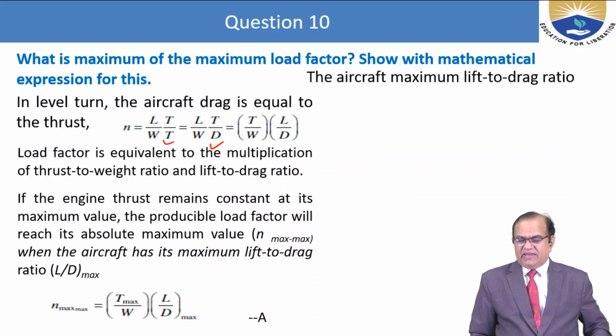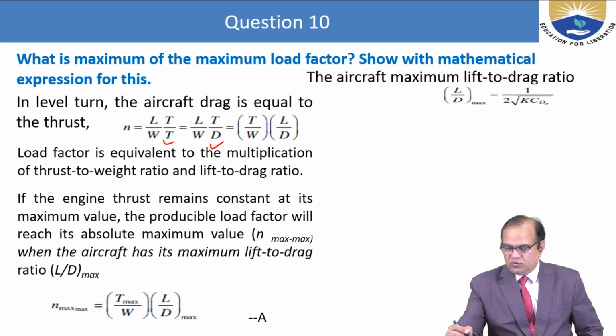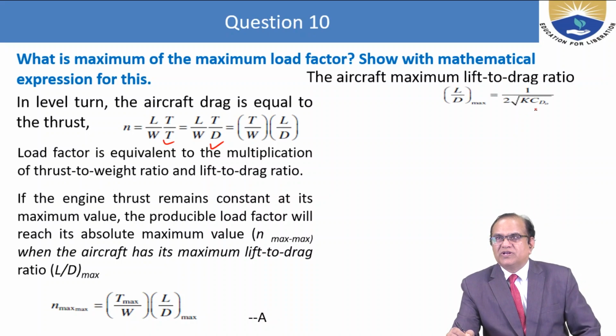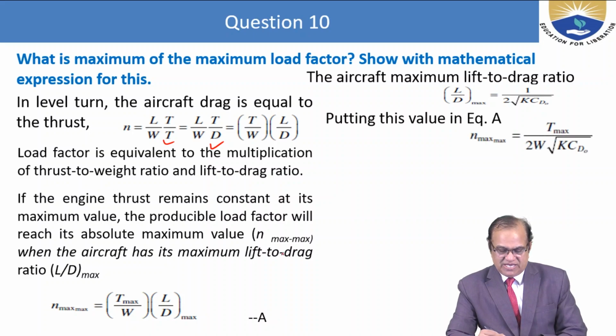The aircraft maximum lift to drag ratio, that is L by D max, is equal to 1 by 2 under root K CD naught, which we have already done. Putting this value in equation A, we will get n max max. In place of L by D maximum, we will put 1 by 2 under root K CD naught.